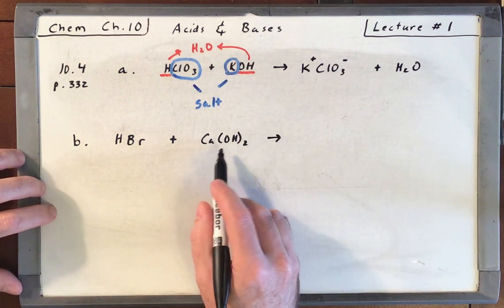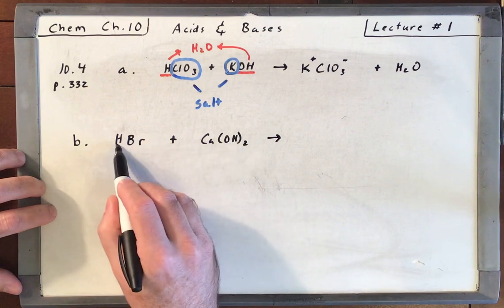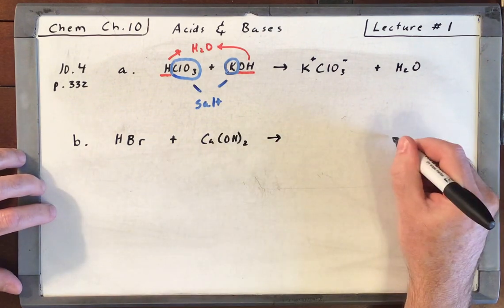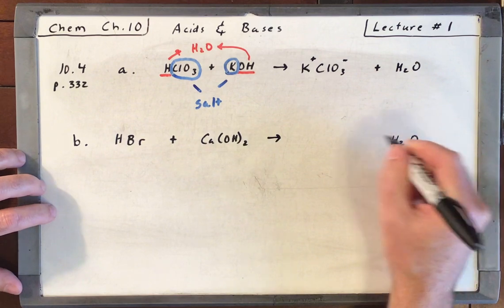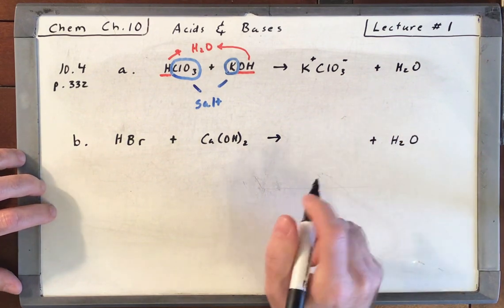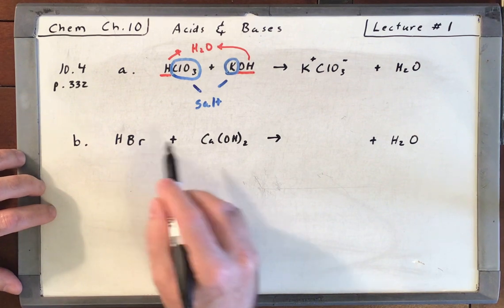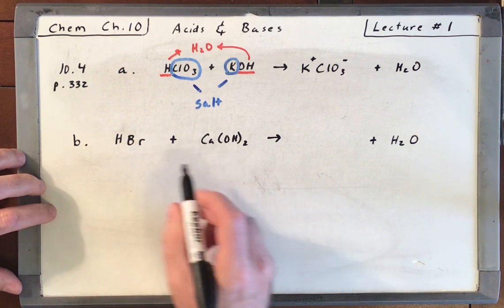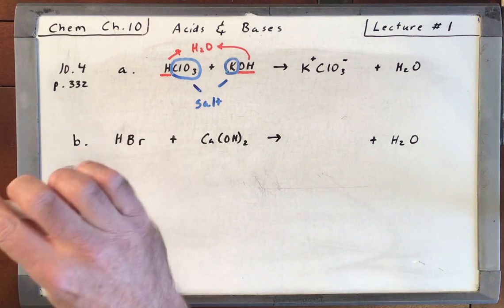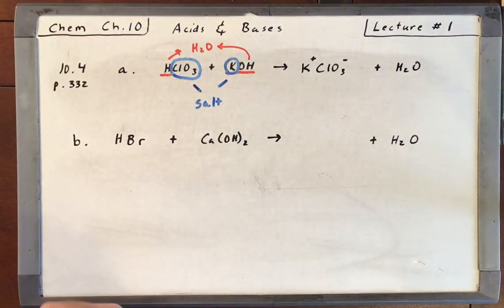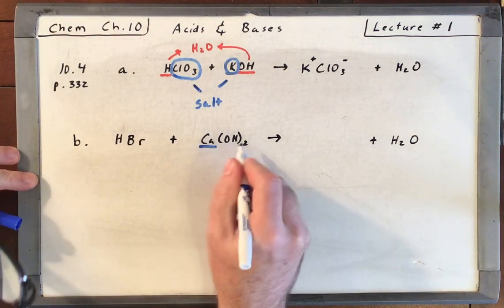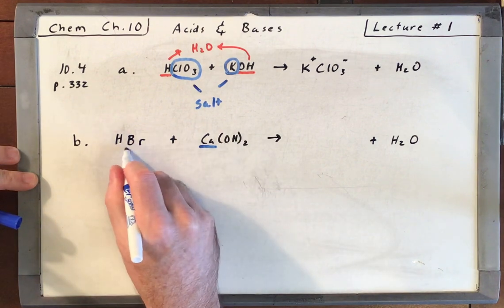So the water comes from the hydrogen and the hydroxide, so let's just go ahead and put it over here. Okay, we have bromine, the salt. I will go ahead and underline them. It comes from calcium. We've already used the hydroxide and the hydrogen, so the bromine.